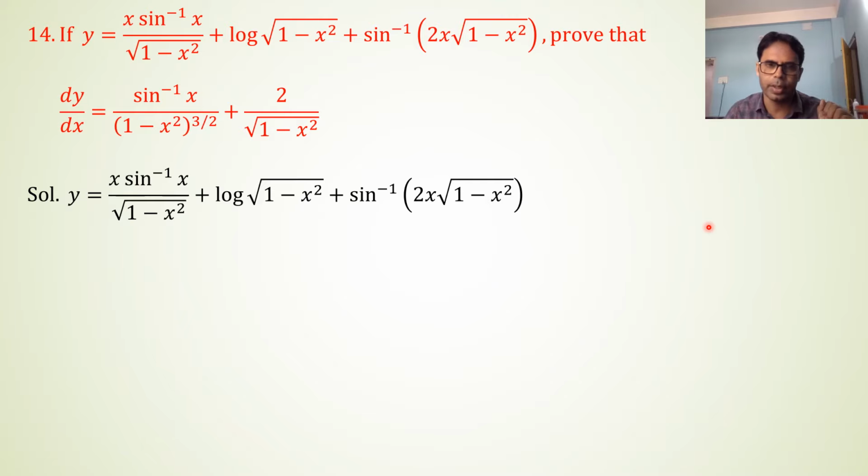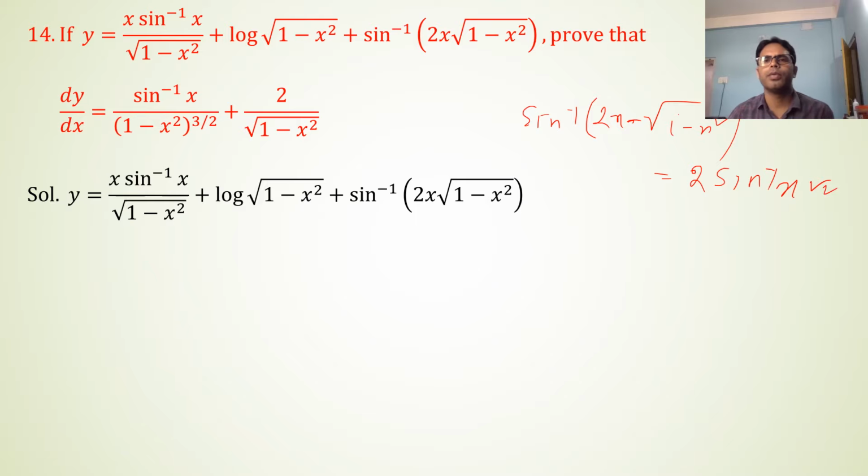And you can see there is a formula for this one, that is, sine inverse of 2x into root over 1 minus x square is equal to 2 sine inverse x. And if no condition on x is given, then we should consider the principal branch of the function, and that is why in the principal branch sine inverse of 2x into root over 1 minus x square is equal to simply 2 sine inverse x.